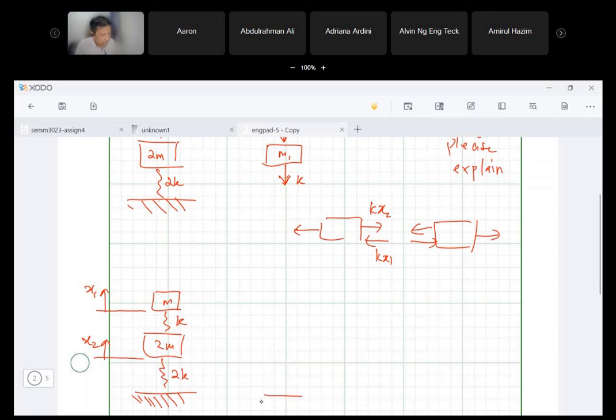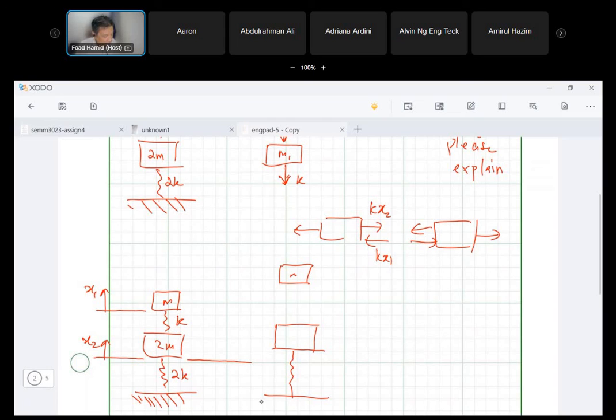What I'm going to do is to pull the top mass. What will happen if I pull the mass? I know it will move, right? So now this is my initial position.